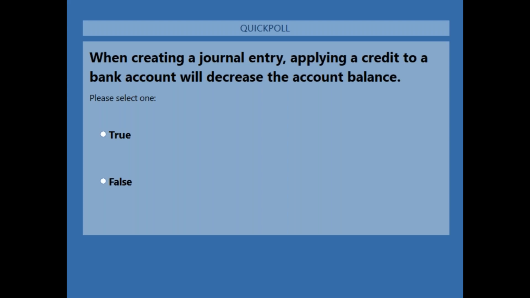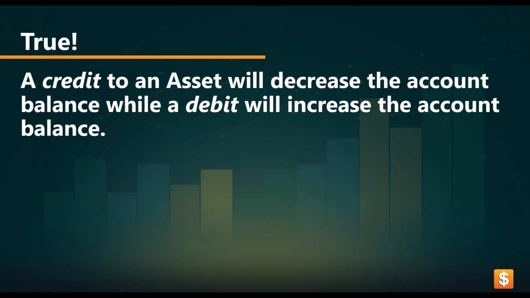And it looks like you guys got that too, because it is true. The credit for an asset, at least, will decrease the account balance, and a debit will increase the account balance. It's not always true for other accounts, but for an asset, that is definitely true.